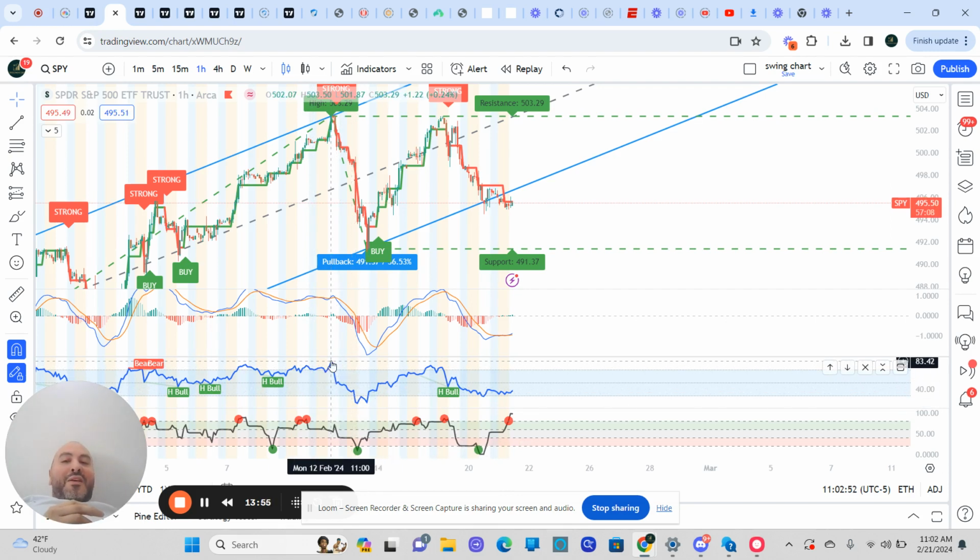But think of it as 0 to 100, okay? With 50 being your middle. So 50 is even, and then you have 70, which is the end of this range here, and 30 here. If you are above 70, a stock is overbought. If you are below 30, a stock is considered oversold, okay?